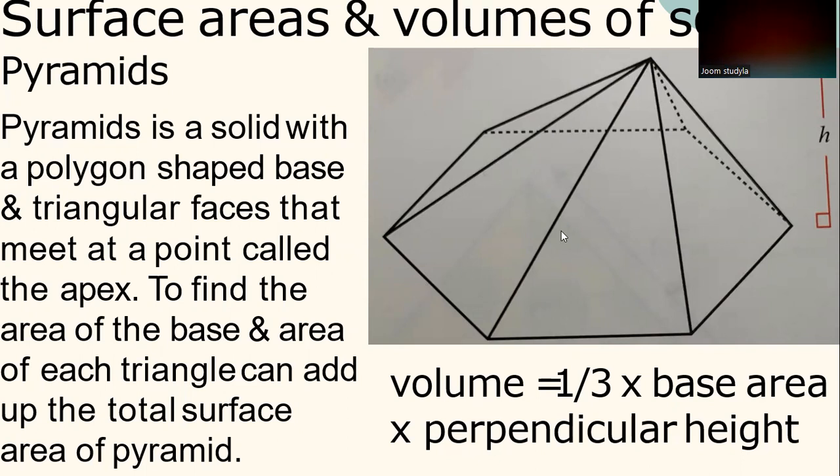How to calculate the volume of the pyramid? Volume equals 1/3 times base area times perpendicular height. These are the formulas.